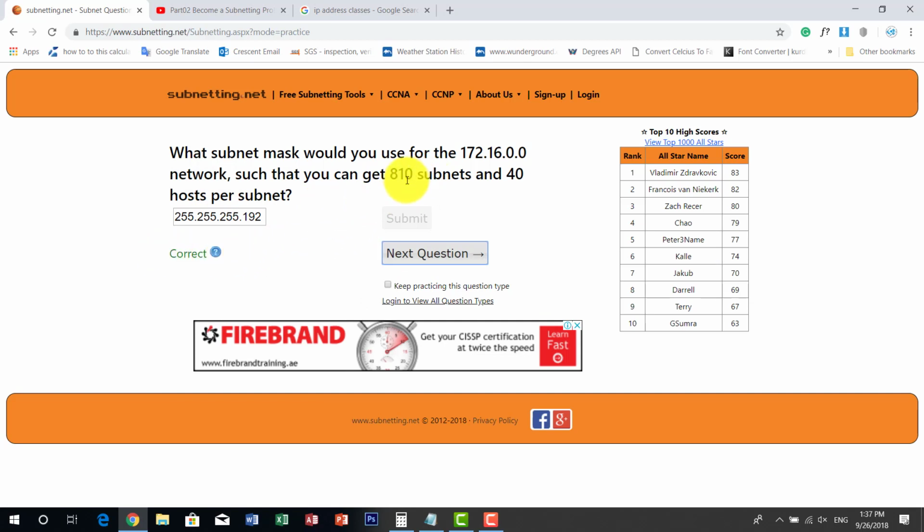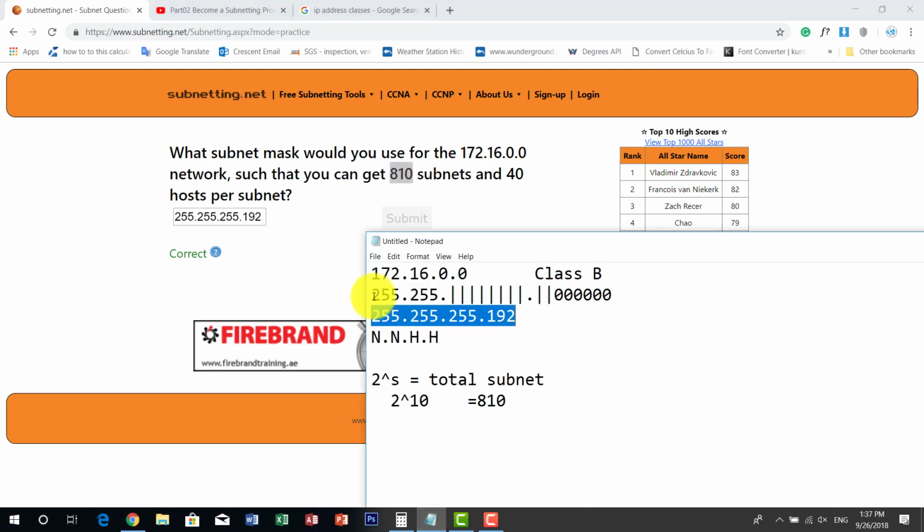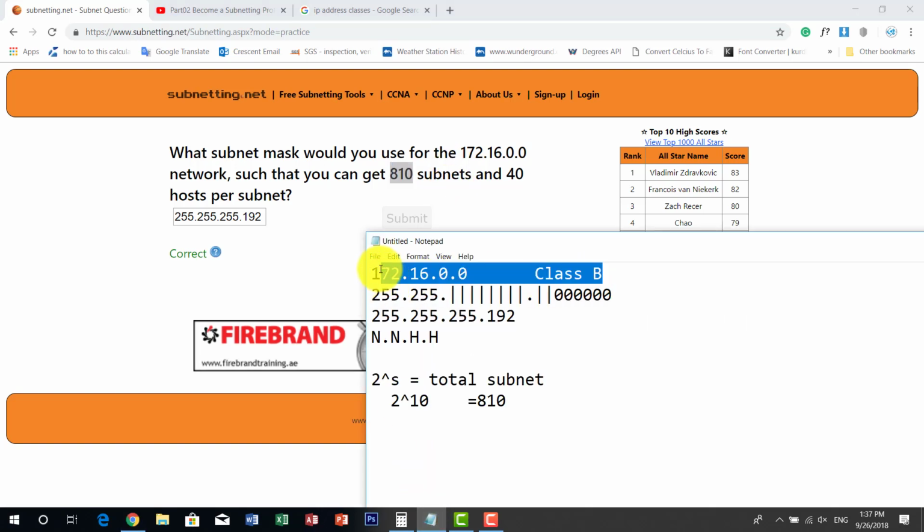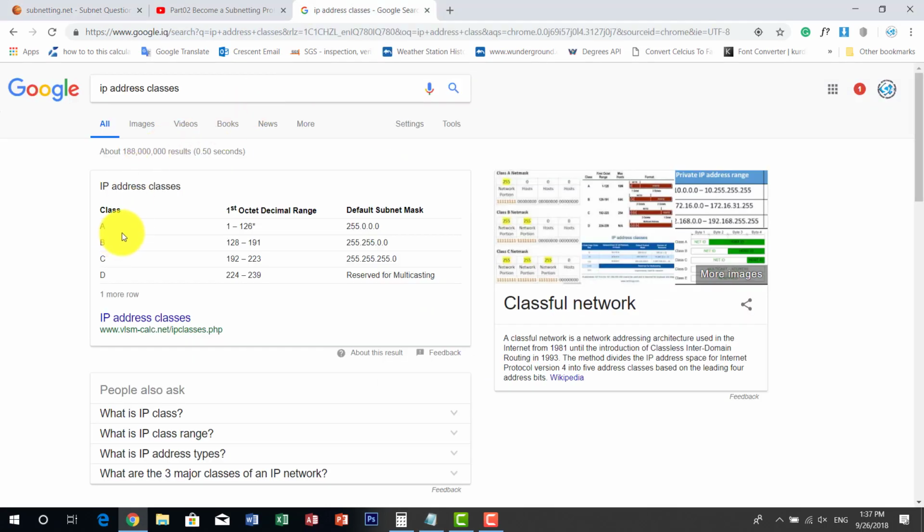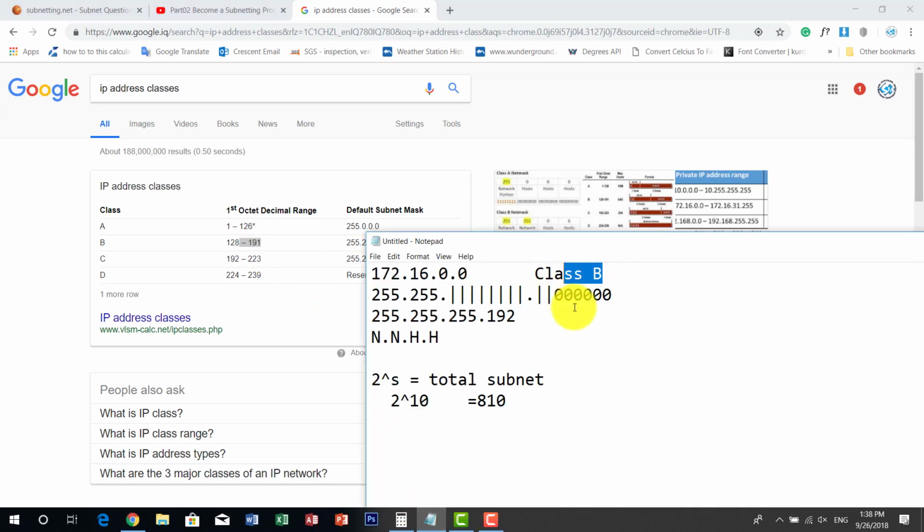So in summary, all you have to do is identify the class of the IP address in order to identify how many portions you have. If you have class B, it means you have 2 portions for network and 2 portions for host. And if it is another class, for example class C, you have 3 portions for network and 1 portion for host.